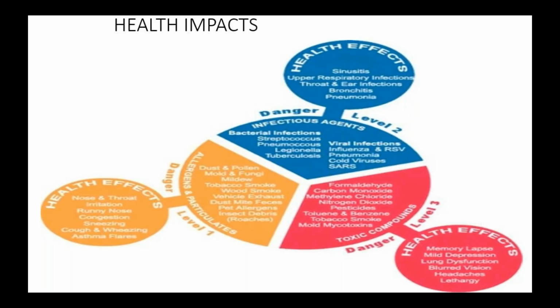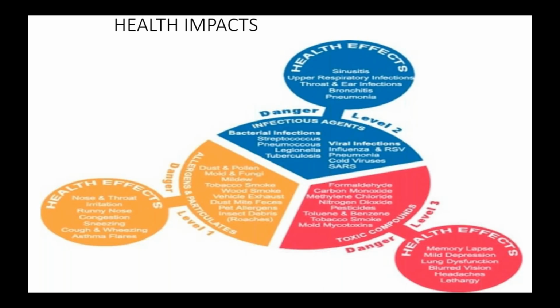Danger level 2 is nothing but infectious agents. The health effects from danger level 2 include sinusitis, upper respiratory problems, throat and ear infections, bronchitis, pneumonia, etc. And danger level 3 includes the toxic compounds. The problems which human beings face from danger level 2 sources are bacterial infections, the major sources: streptococcus, pneumococcus, tuberculosis; and viral infections: influenza, pneumonia, cold virus, and SARS.